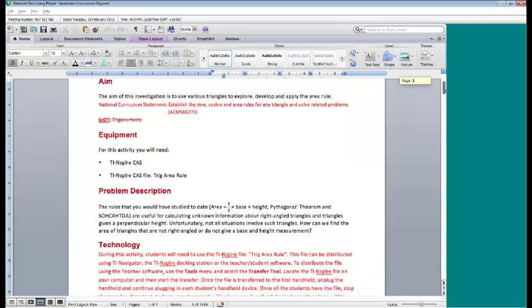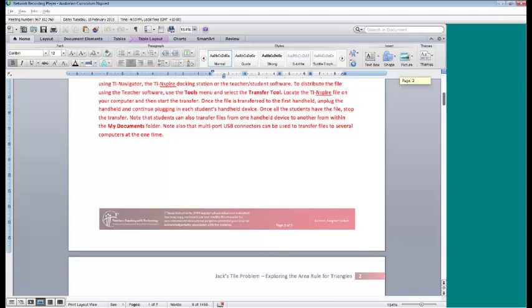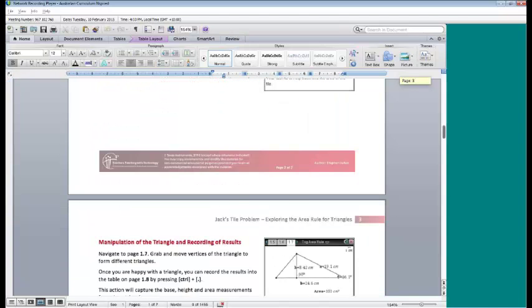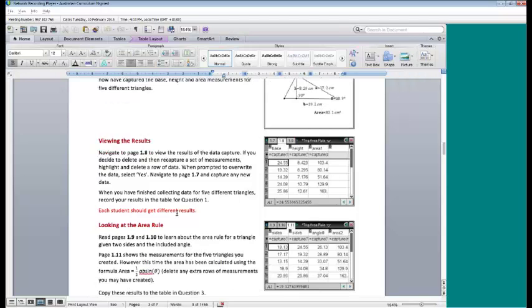It talks about some specific things for the teachers to know about downloading. I won't scroll through the whole thing, but you can see that it talks about students should get different results, just to highlight the fact that you're not looking for the same answer for certain things. So hopefully very easy to use, very direct for the teacher, and gives them all the information that they need. So that's the area of the triangle activity.